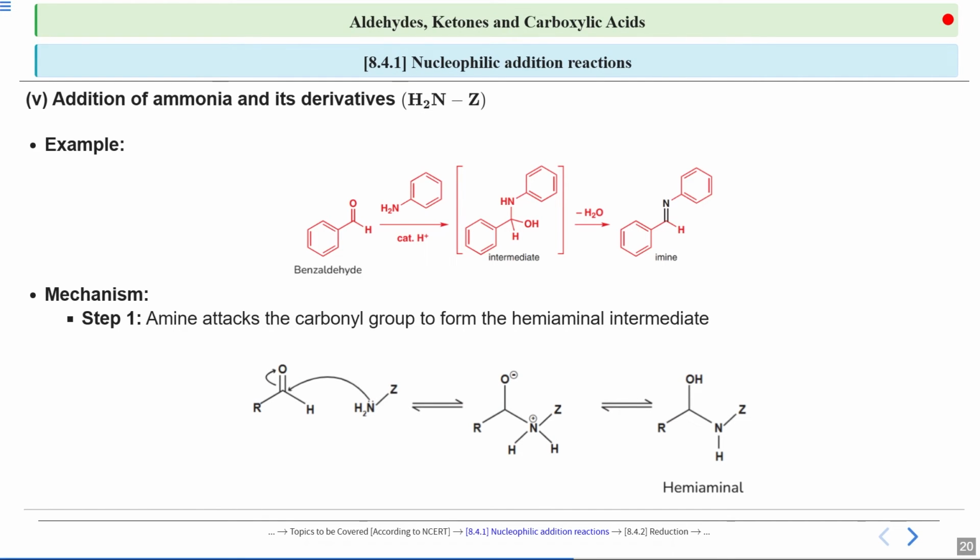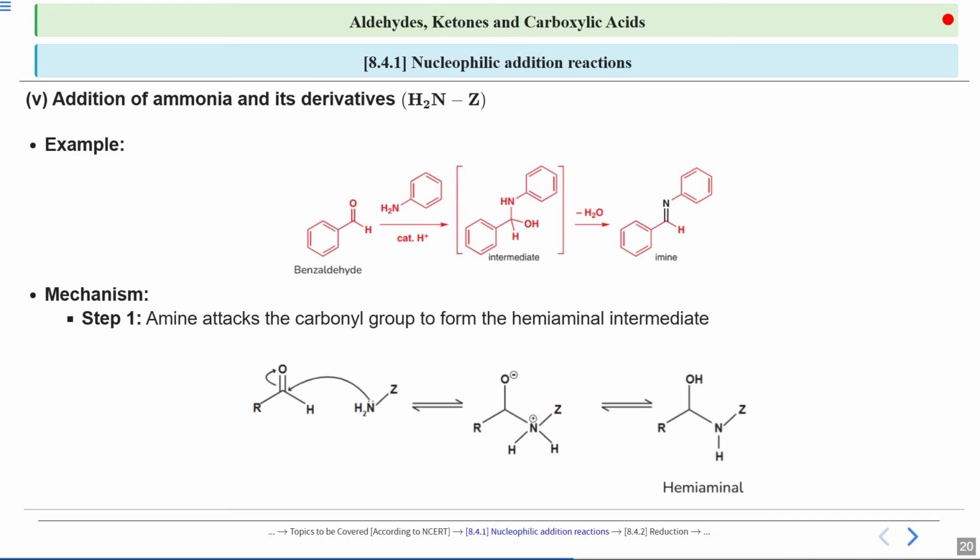In this step, the lone pair on the nitrogen attacks the electrophilic carbonyl carbon. This breaks the pi bond of the carbonyl and pushes the electron density onto oxygen. Nitrogen donates its lone pair, the double bond breaks, oxygen gets a negative charge, and you get a tetrahedral intermediate.